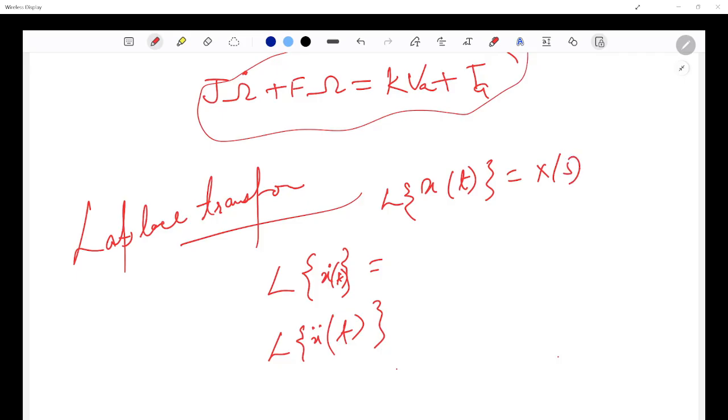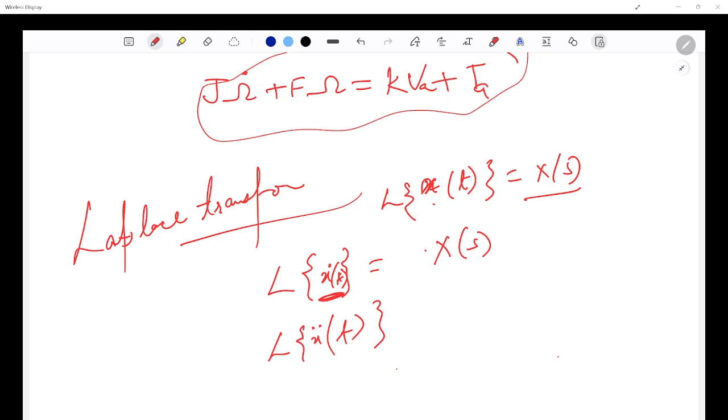If I talk about the Laplace transform of x dot (t), it is not just X(s), it is s into X(s). Okay, Shravan has joined again. I was just clarifying what your mistake was. So the Laplace transform of x(t) is X(s), but when you have differentiation, an extra s term pops up over here.